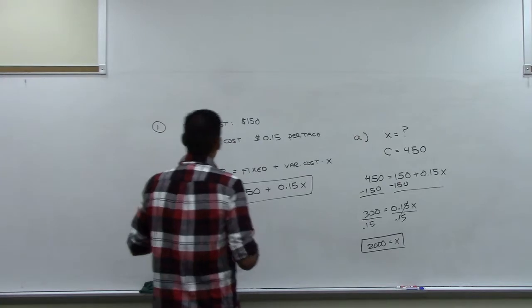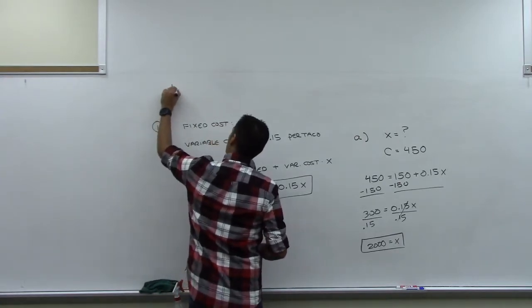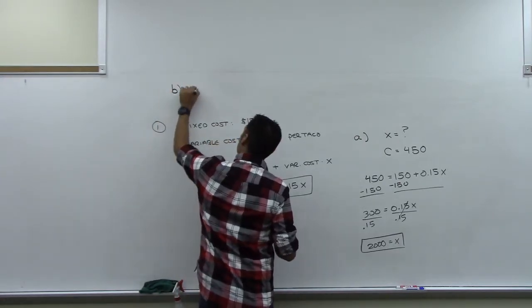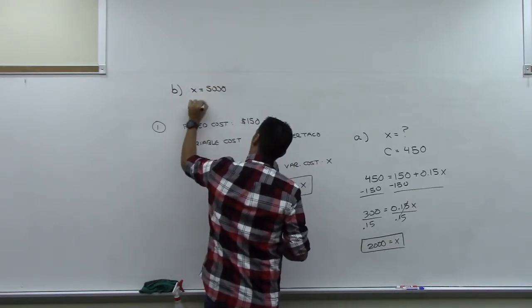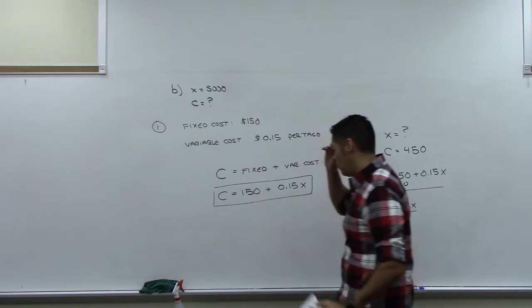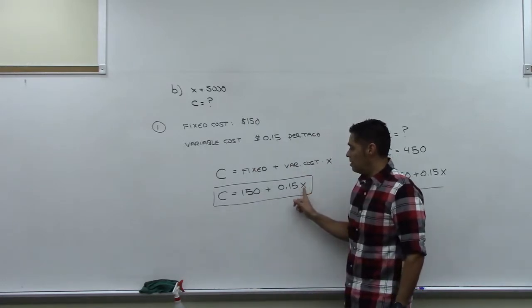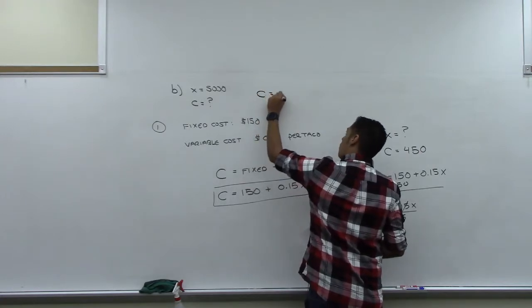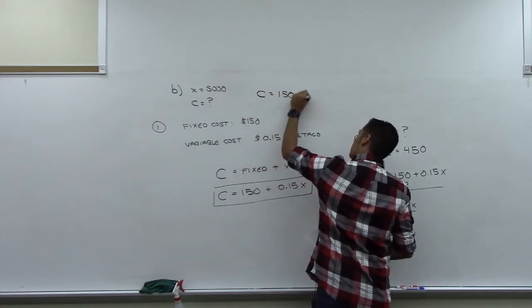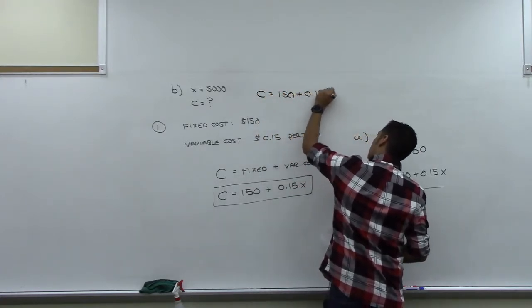All right, that's part A. Part B says if you produce 5,000 tacos, so if X is 5,000, what will the cost be? So the difference in this problem is that we're going to replace X with 5,000 and figure out what cost is. So that means cost will be 150 plus 0.15 times 5,000.